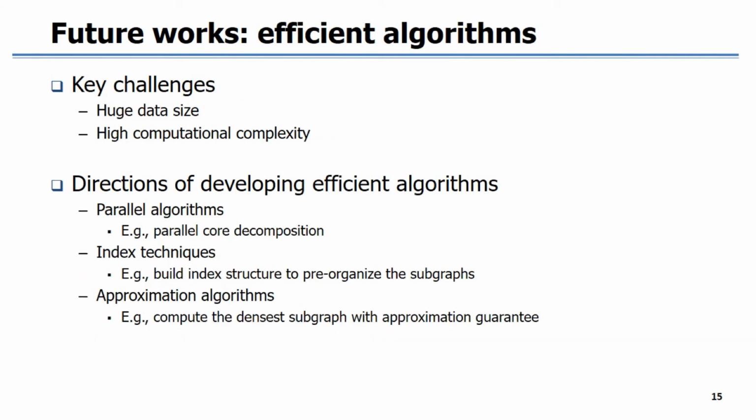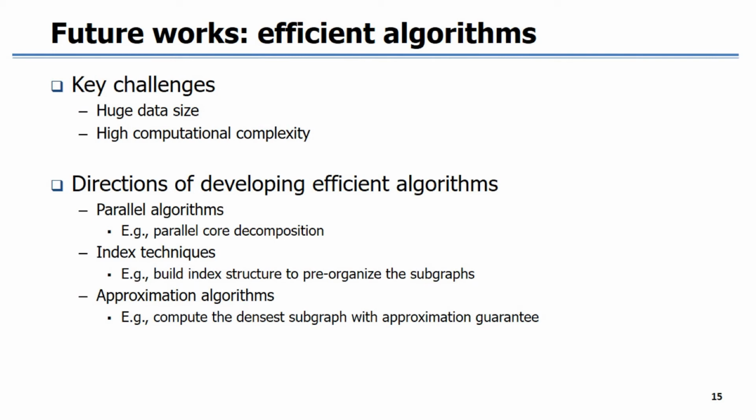Another key challenge of cohesive subgraph search over big HINs is how to improve the efficiency to tame the huge data size and high computational complexity. Although existing works have made plenty of efforts to alleviate the issues of efficiency and scalability, there is still much room for further improving the search algorithms.